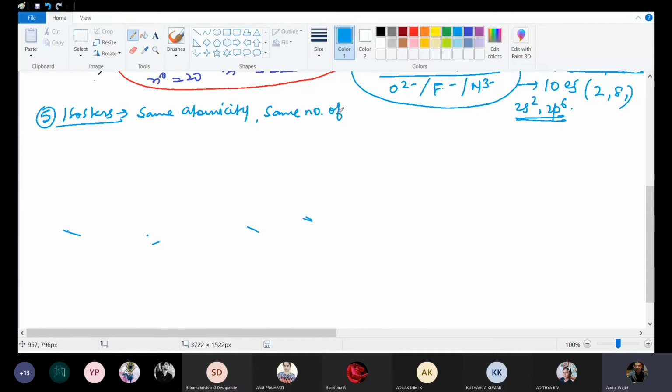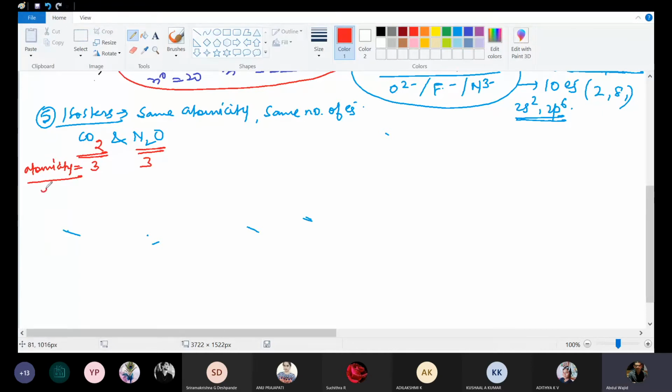For example, CO2 and N2O. How many atoms are there in CO2? 3. Here also 3. So atomicity is 3 and is the same.